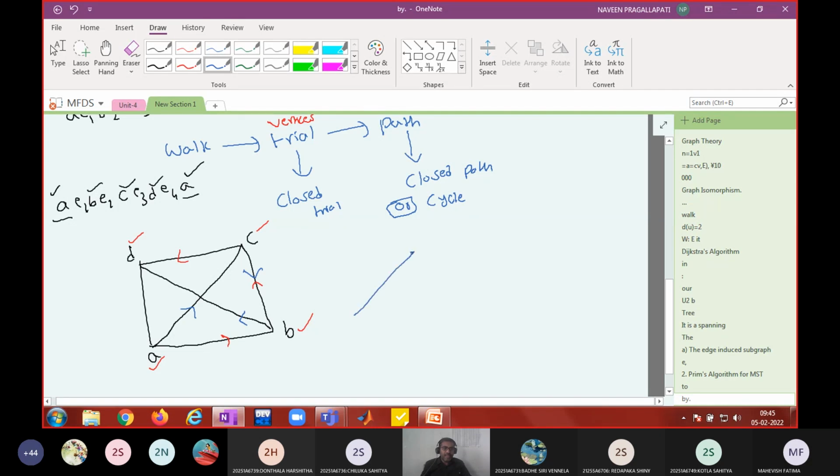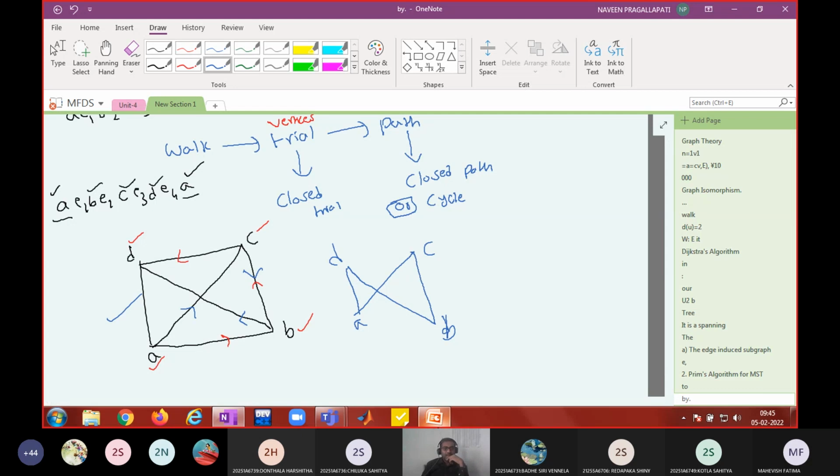And D to A. So I listed all the vertices: A, C, B, D, A. So there is a Hamiltonian cycle. Therefore, this is Hamiltonian.